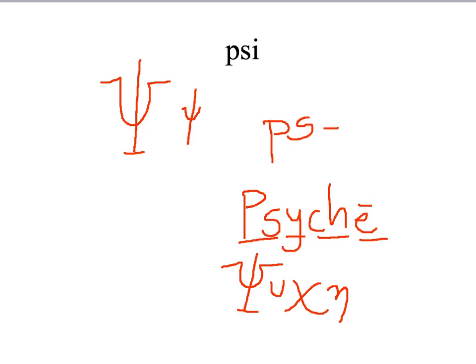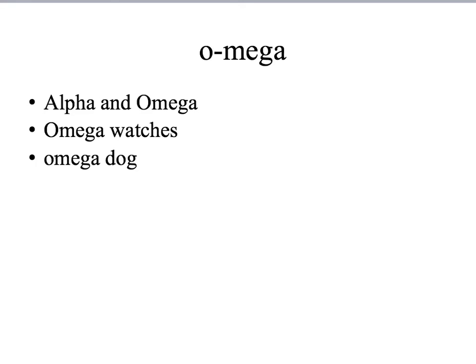Okay. And finally, we come to omega. And mega is a root you may have seen in many English words. Mega means big or large.